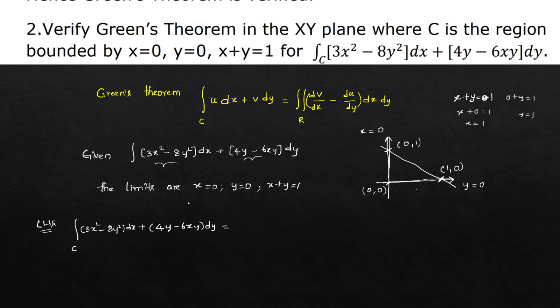That means we have to complete the figure. Let me name these points O, A, B. We have to find the integral over OA, over AB, and over BO.